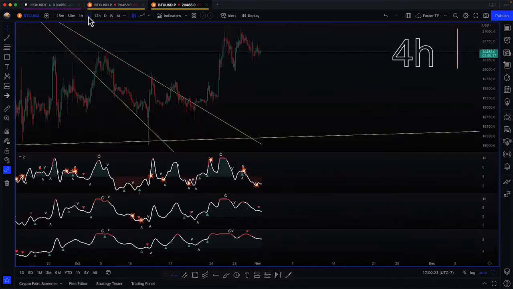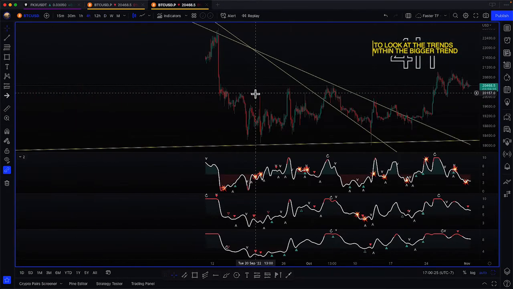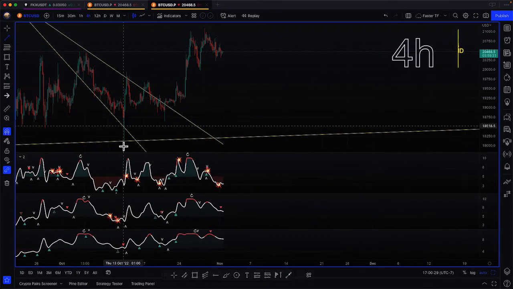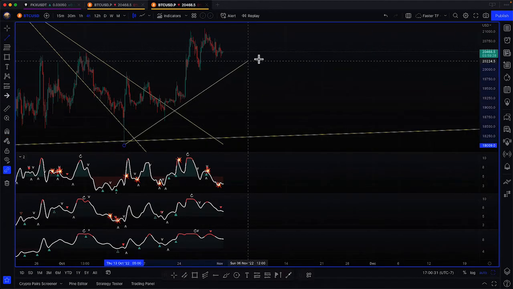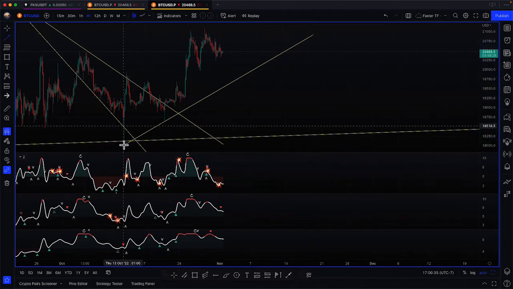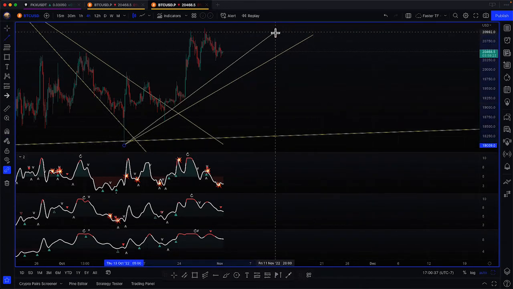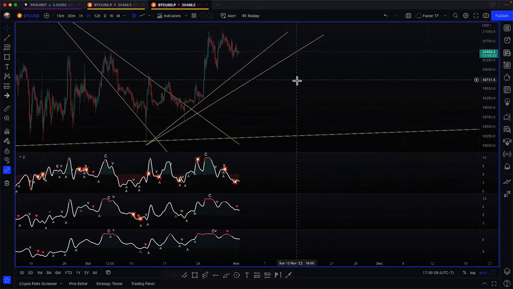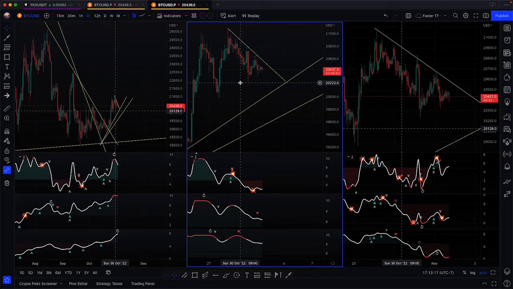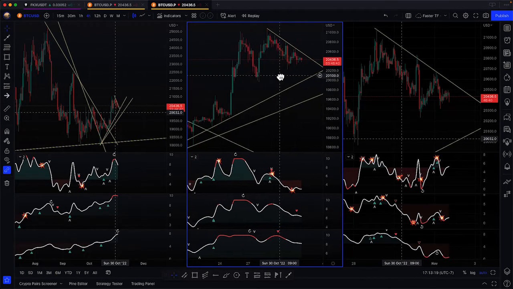Then check the 4-hour time frame to look at the trends within the bigger trend. Then I start planning for the coming trades.